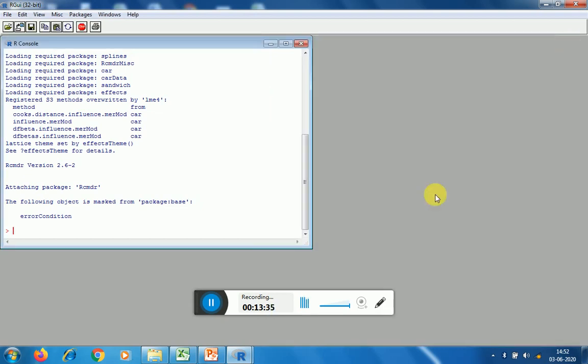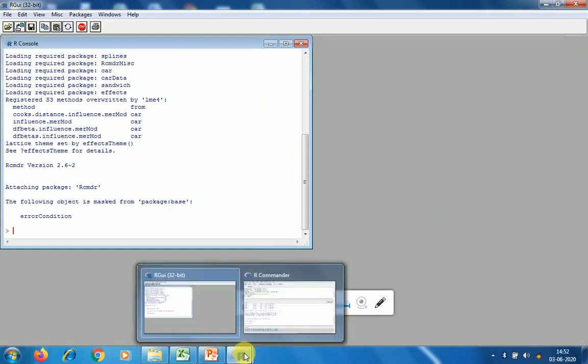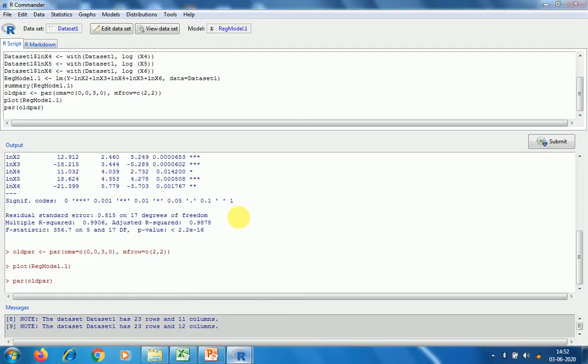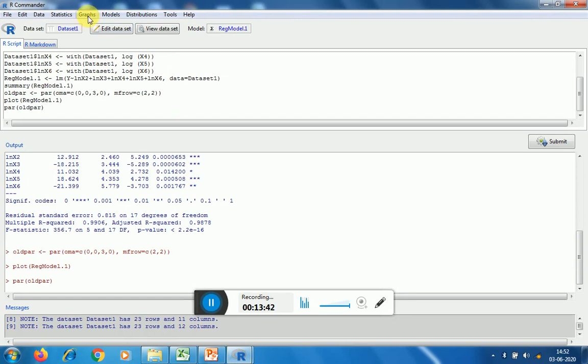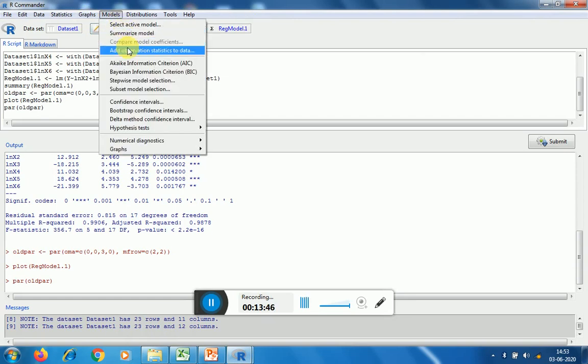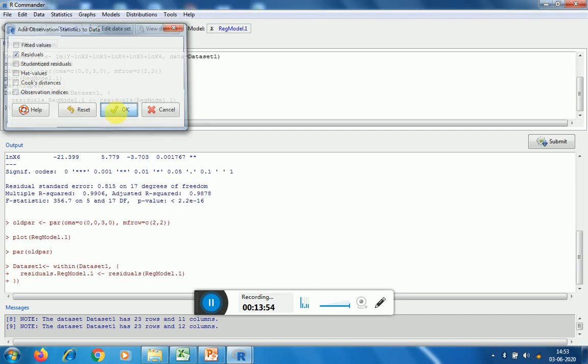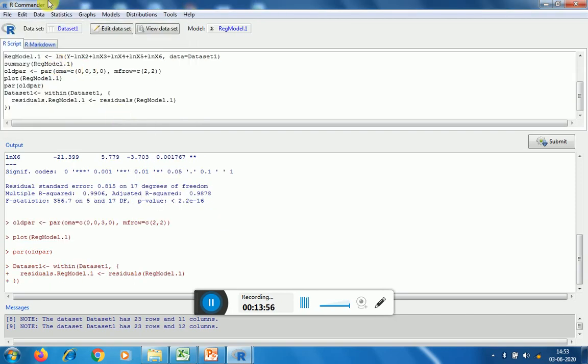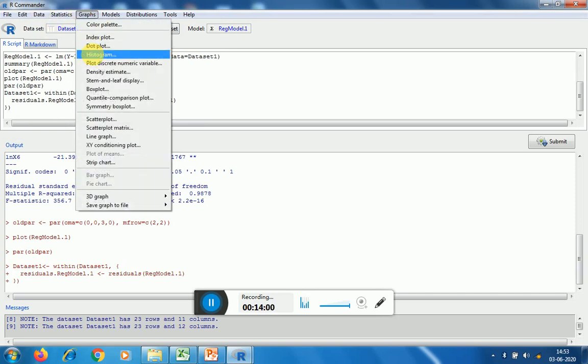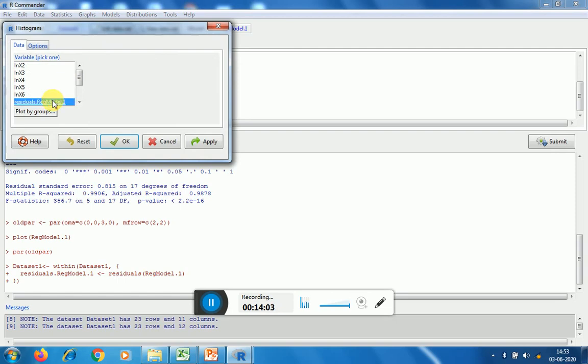Let us check the histogram for the residuals. For that, I first need to add the residual values. I add the residual, and now it is added, so I can go into graphs, histogram, and residual for this model.